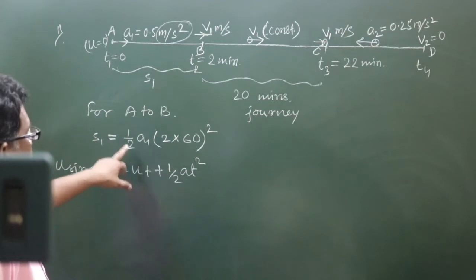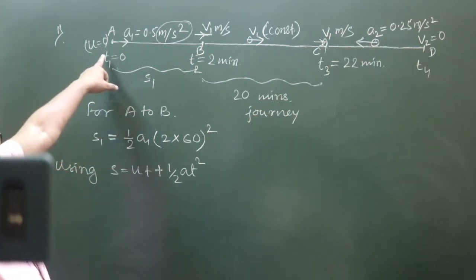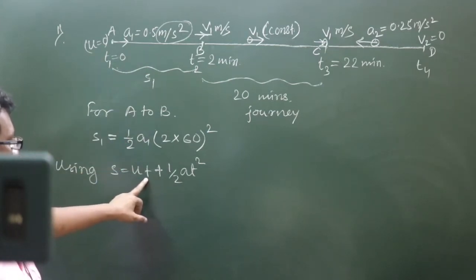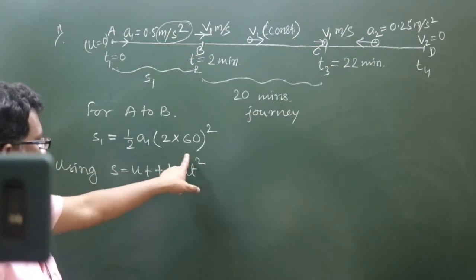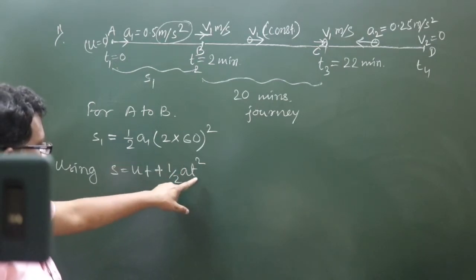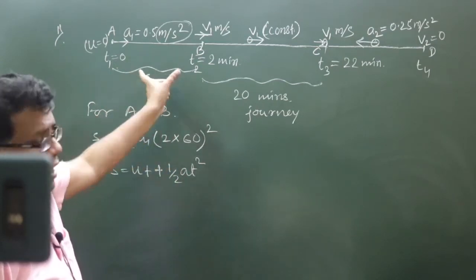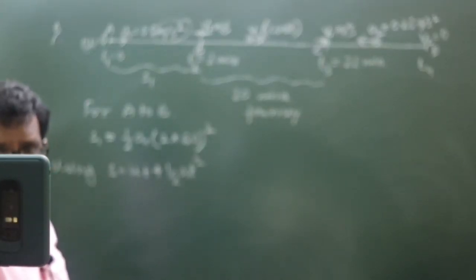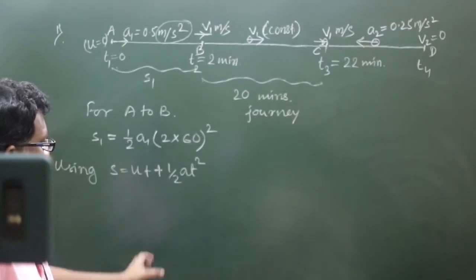Here u is the initial velocity at the starting instant of this 2 minutes journey. The initial velocity was 0, so 0 into anything will be 0. That's why I am only calculating half a1 t square, where the time of the journey was 2 minutes, so 2 into 60, that is 120 seconds, square.